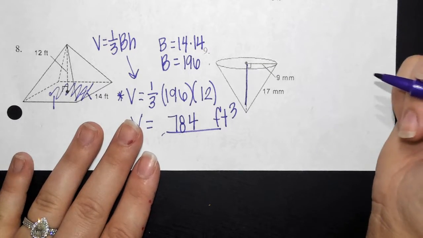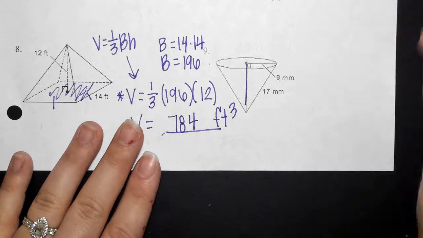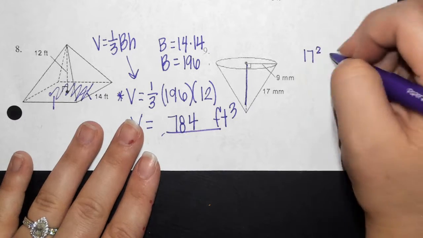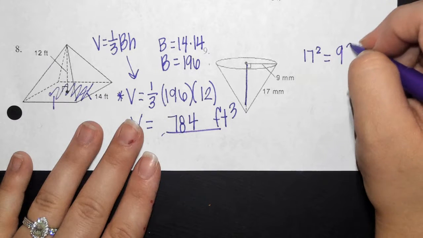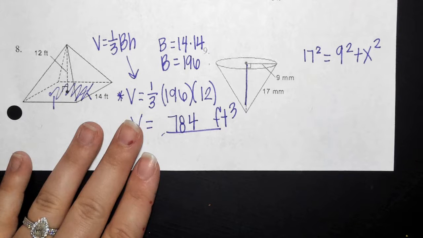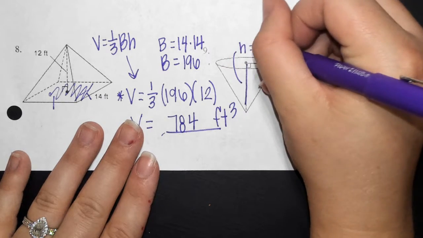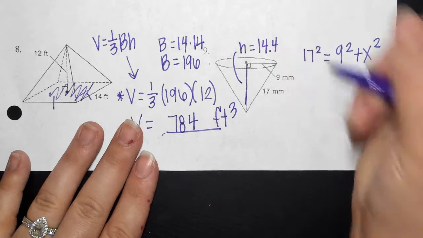What side is C? What's the hypotenuse? 17. So to find it, we do 17 squared equals 9 squared plus x squared. So you should get that the height is equal to 14.4.